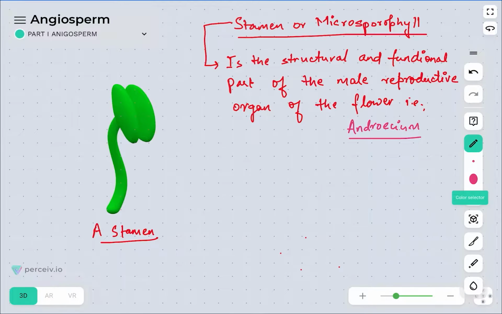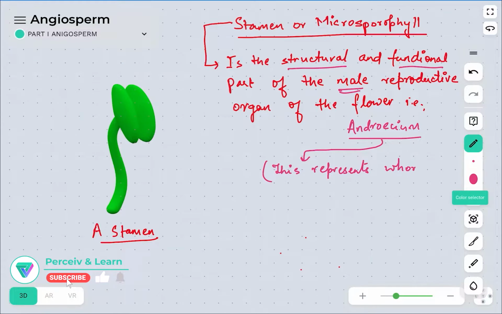So stamen is considered to be the structural component as well as the functional component of the male reproductive organ of the flower, and the male reproductive organ of the flower is the Androecium. Indirectly we can say that this Androecium represents the whorl of stamens, or in other words, a group of stamens.